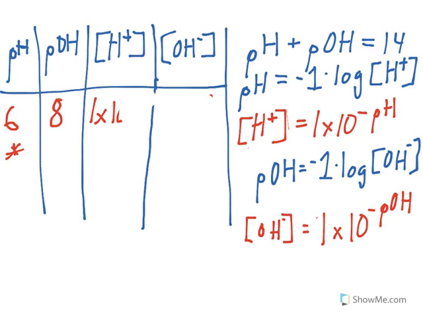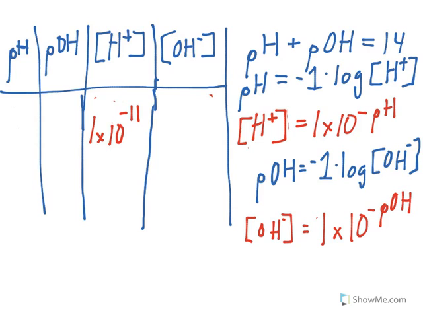Well, let's do this with another thing. So obviously pH and pOH are pretty easy to work with. If I know one, I know the other. That's really easy. pH plus pOH is equal to 14. So let's work with something else. Let's say the H plus ion concentration is, say, 1 times 10 to the negative 11th, okay?